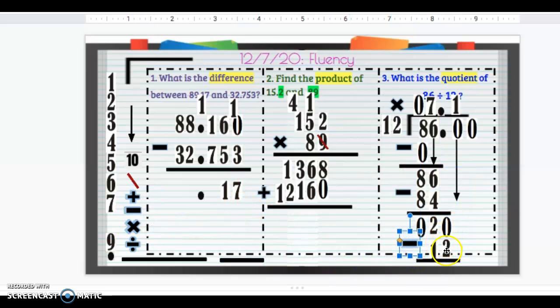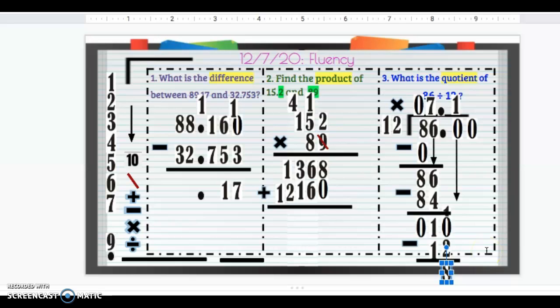Well, 0 minus 2 I can't do, so that 2 becomes a 1. And then the 0 becomes a 10. So 10 minus 2 is 8. And I need another 8, and you will have that there. You don't have to worry about this. So I put an 8, and then I can bring down the 0.